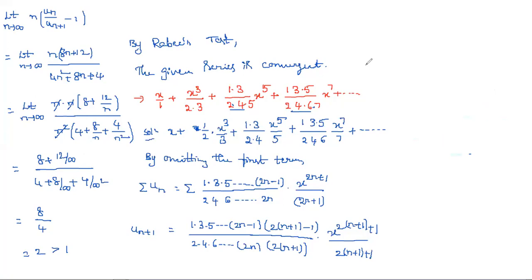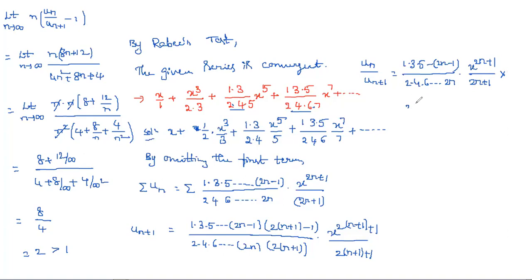Un by un plus 1 is equal. So un is nothing but, here it is having 1, 3, 5 and so on, 2n minus 1 by 2, 4, 6 and so on, 2n into x power 2n plus 1 by 2n plus 1, into un plus 1.